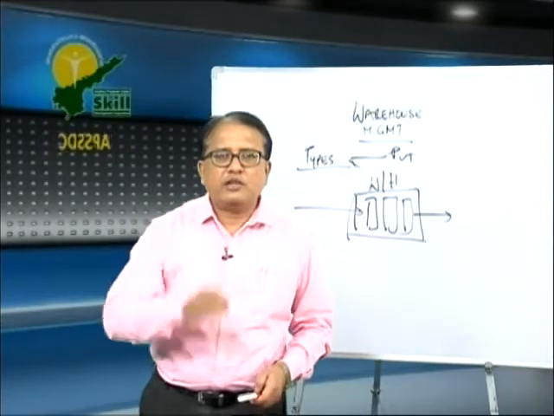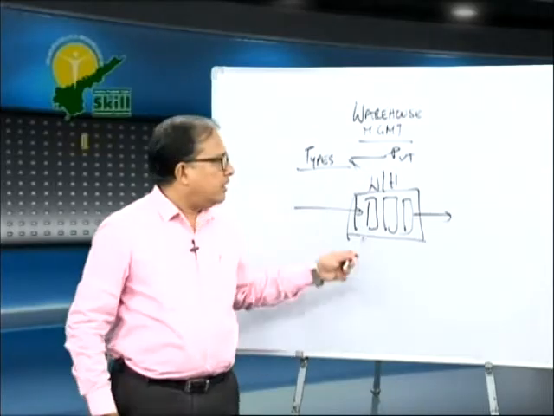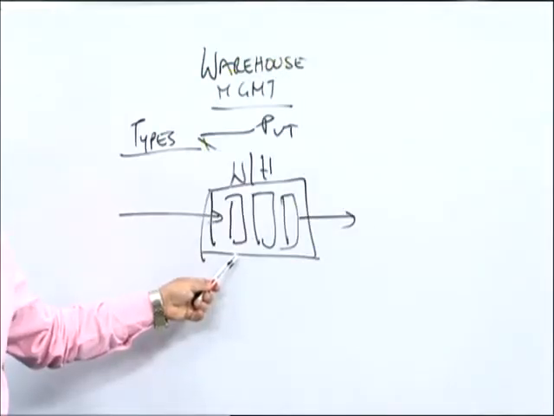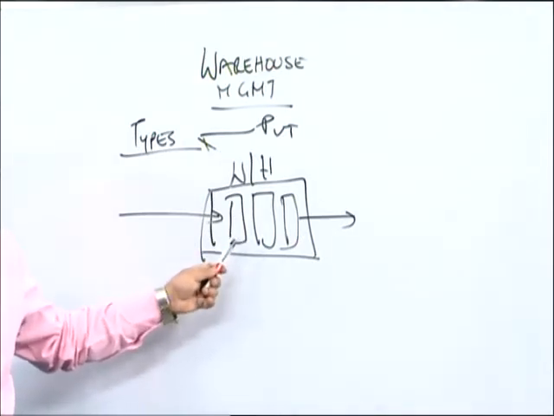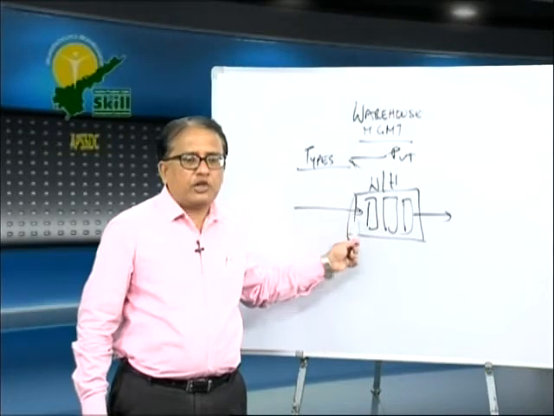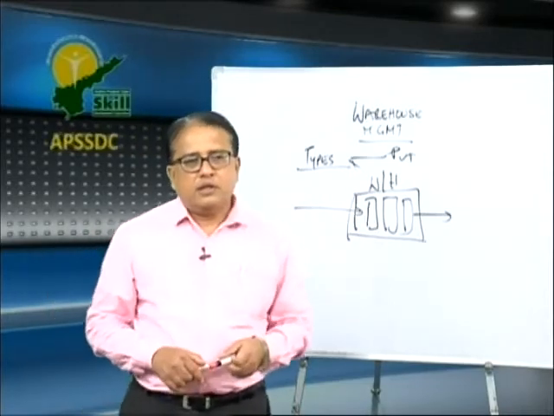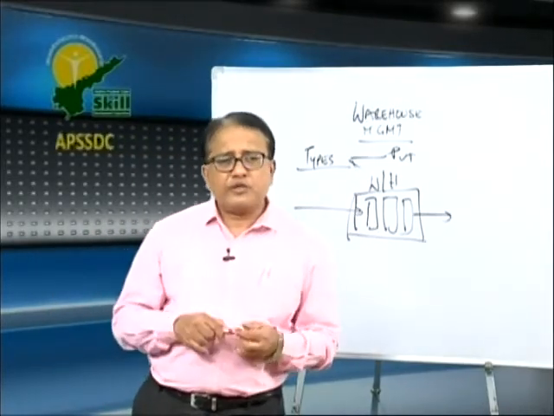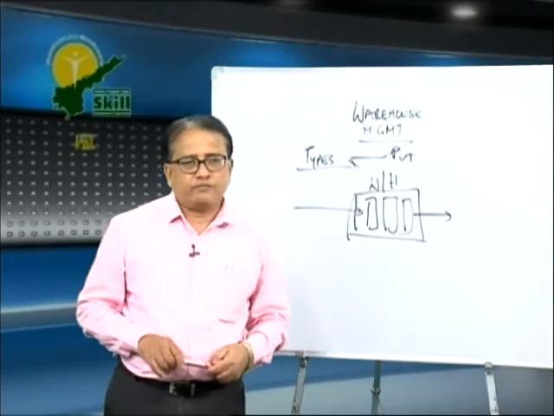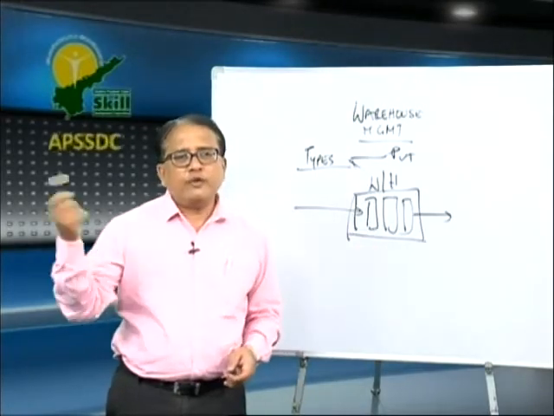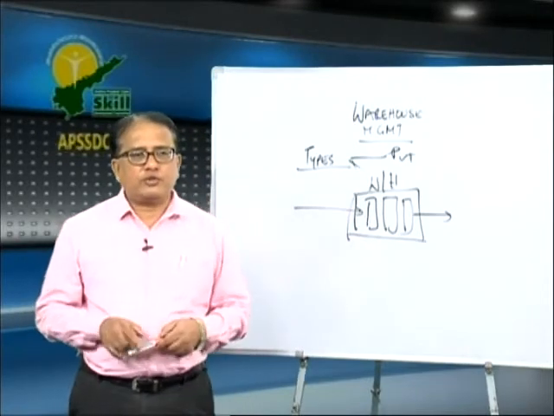So, it is essential that all warehouses maintain documents as a record of the movement, documents which contain all information about the goods moving through the warehouse. When was it received, how much was received, what time, who received it, when was it put in storage, when was it picked from storage, when was it dispatched, which is the transporter who moved the shipment.